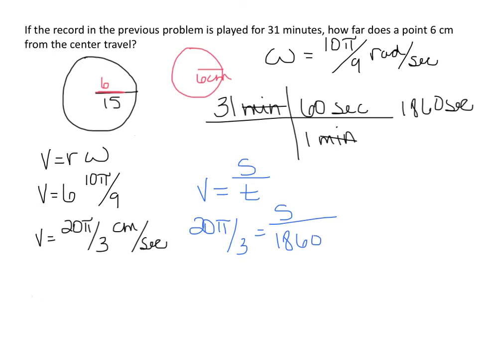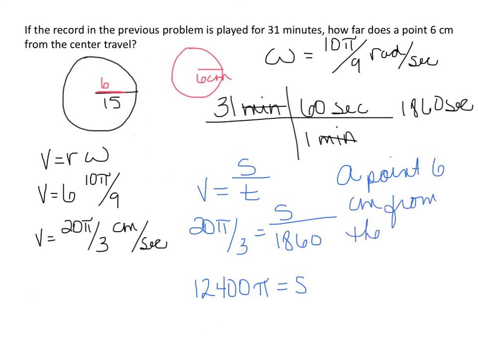If I multiply by 1,860 on both sides, I end up with 12,400 pi is equal to s. So what I can say is a point 6 centimeters from the center travels 12,400 pi centimeters.